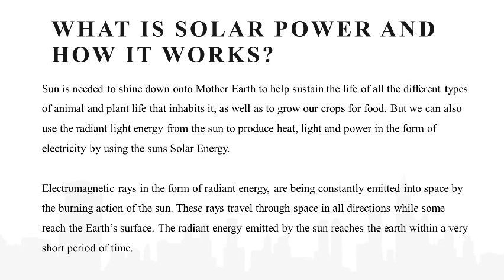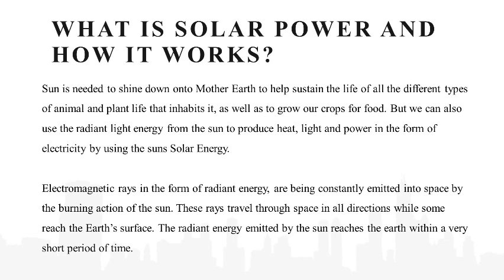Next is what is solar power and how does it work. The sun is needed to shine down onto Mother Earth to help sustain the life of all the different types of animal and plant life that inhabit it, as well as to grow our crops for food.